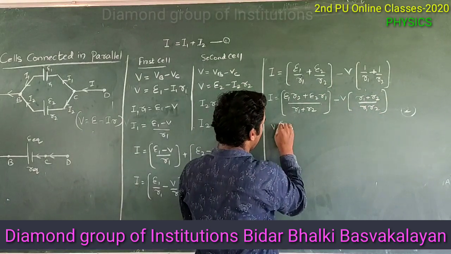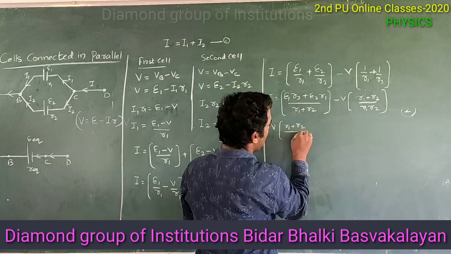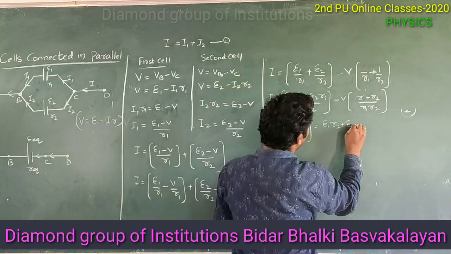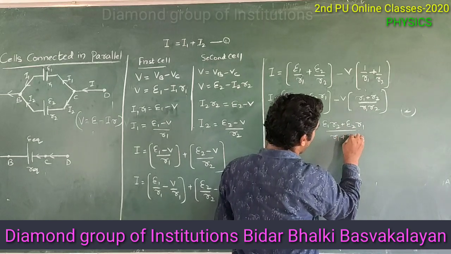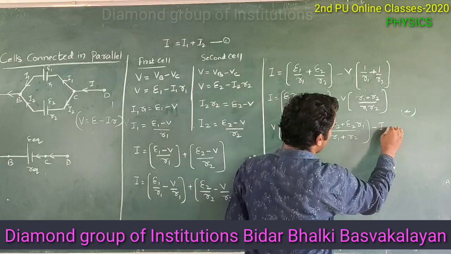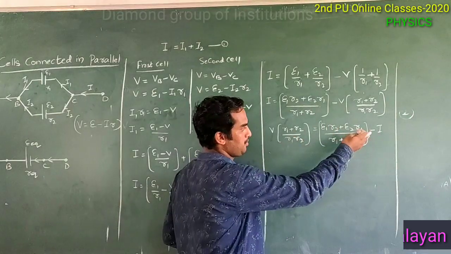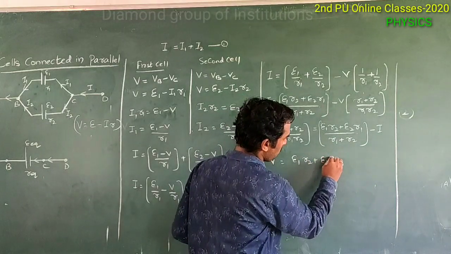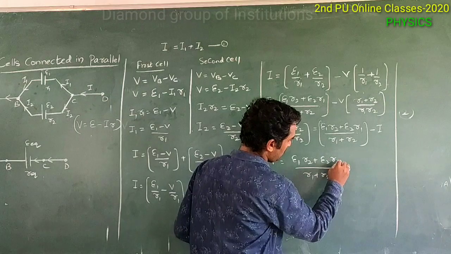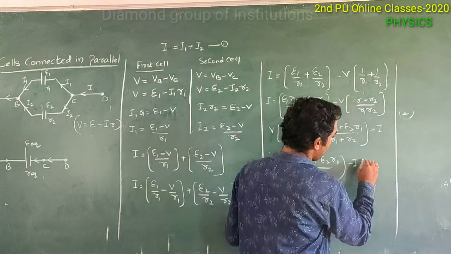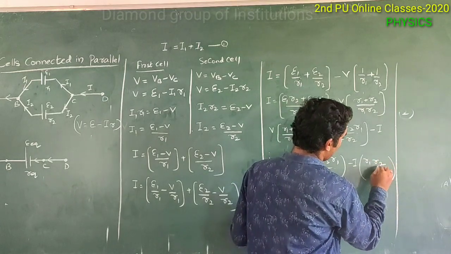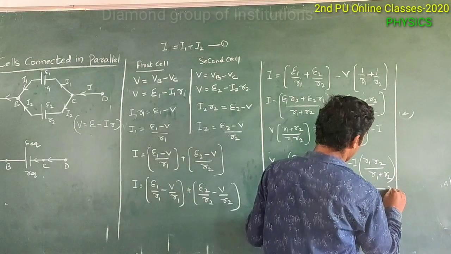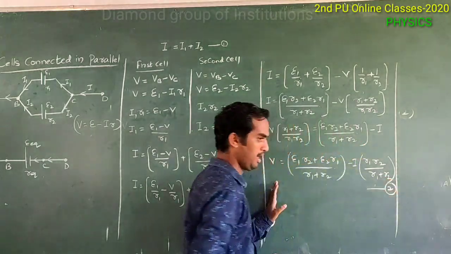So V into R1 plus R2 by R1 R2 equals E1 R2 plus E2 R1 by R1 plus R2, minus I. If you take this value to the right side and divide, we get V equals E1 R2 plus E2 R1 by R1 plus R2, next, minus I into R1 into R2 by R1 plus R2. So this is equation number 2.